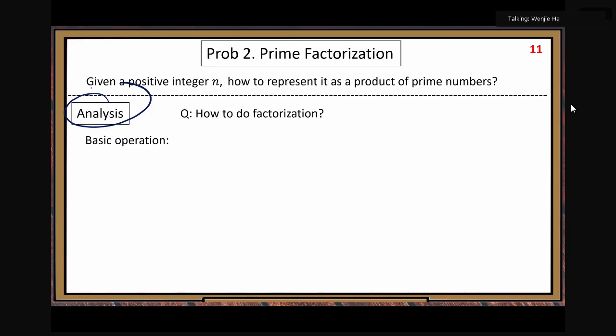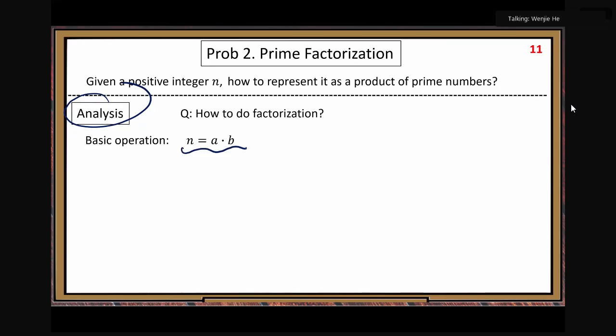You need to do a lot of analysis work. Now, the basic operation here is multiplication, n equals a times b. So a is a factor of n, and b is another factor of n.